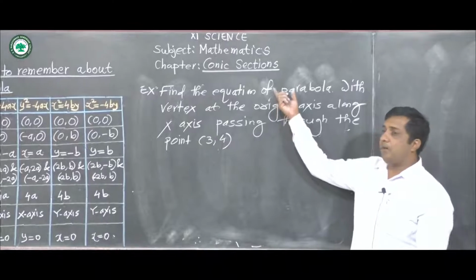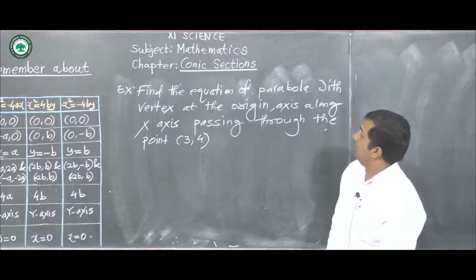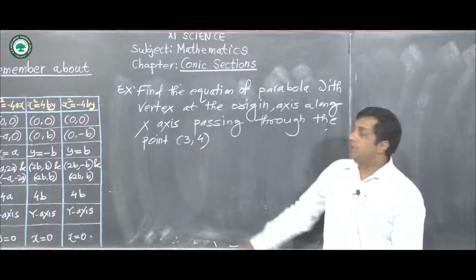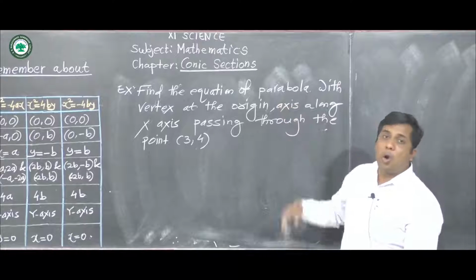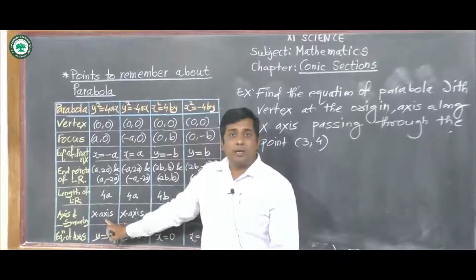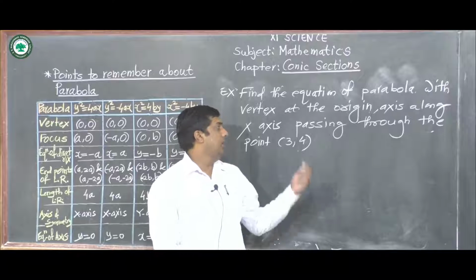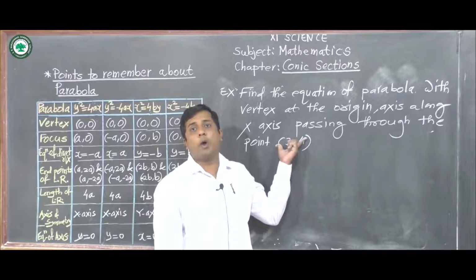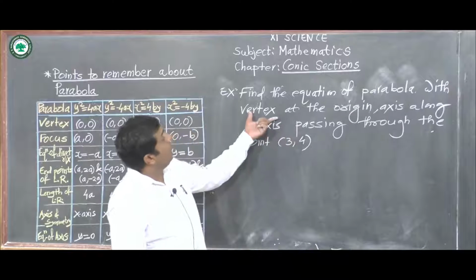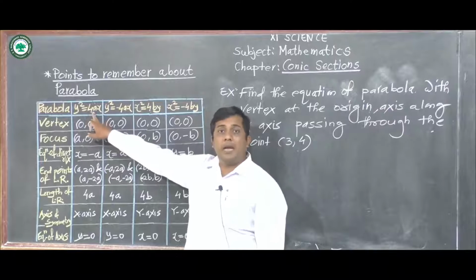Here in this example we have to find the equation of the parabola, and for this given, our parabola is passing through the point 3, 4, and here the axis of symmetry is along the x-axis, and the vertex is at the origin. Here given the vertex is at the origin, then we consider y square is equal to 4ax.